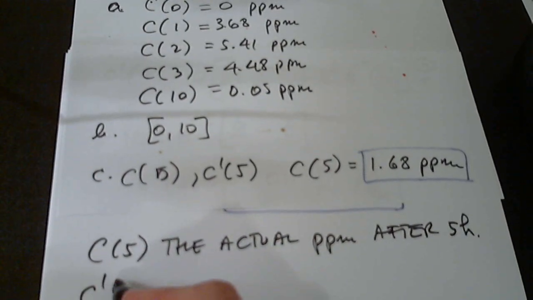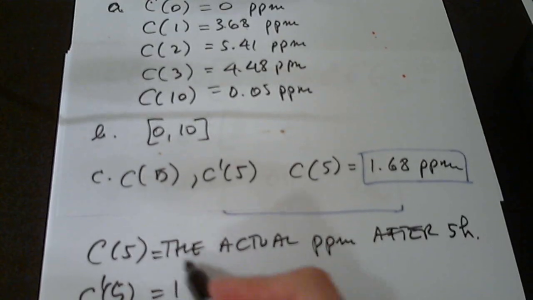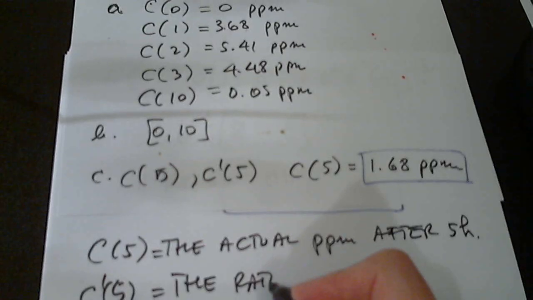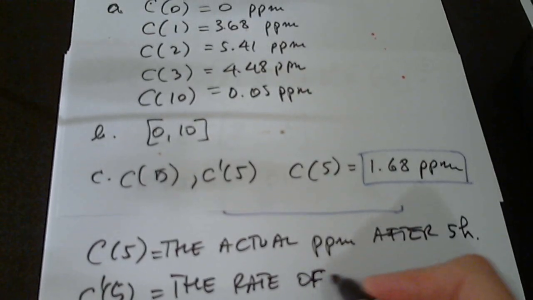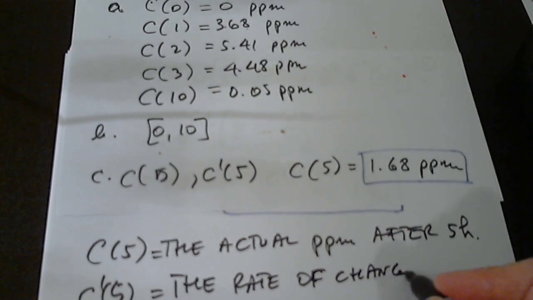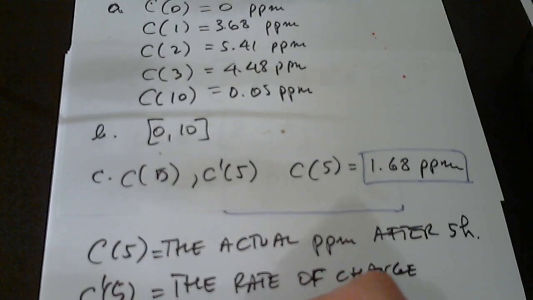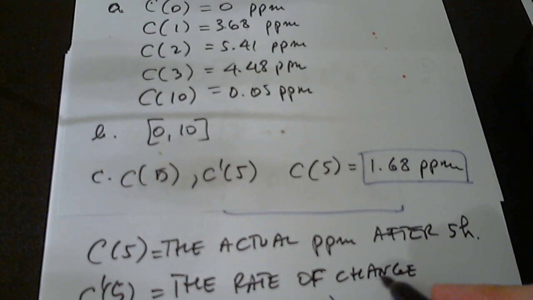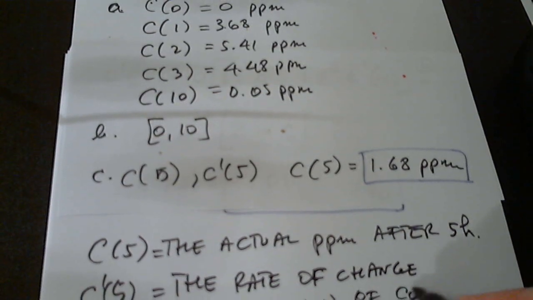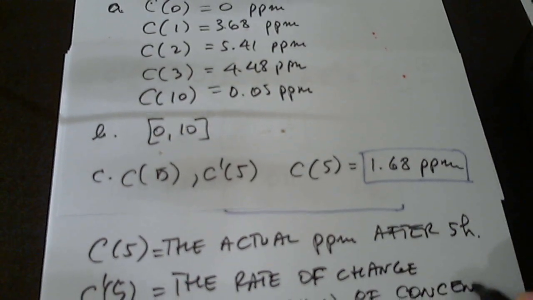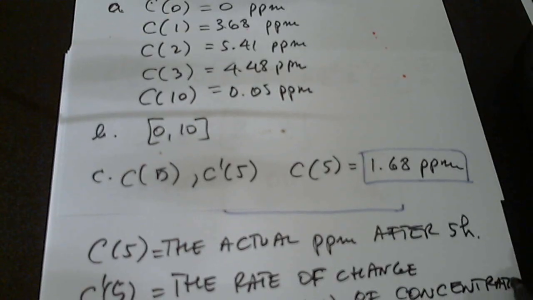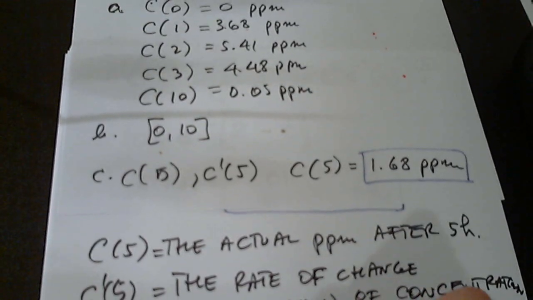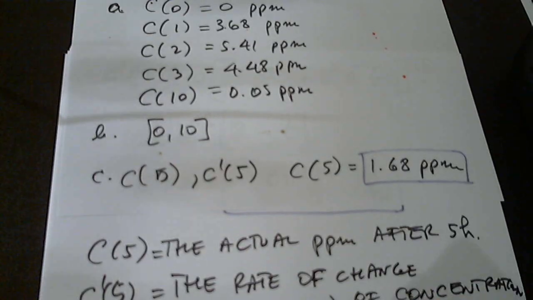C prime of 5, the rate of change, which is decreasing, actually. A rate of change of concentration per hour at 5 hours.